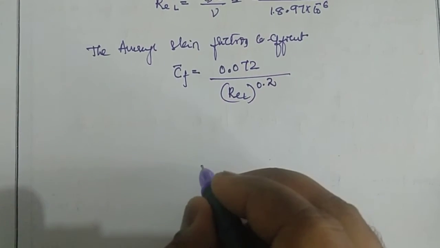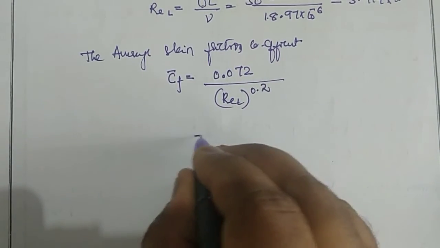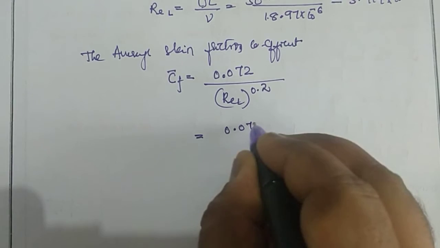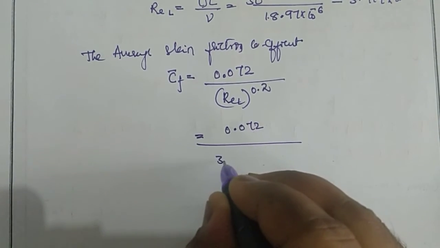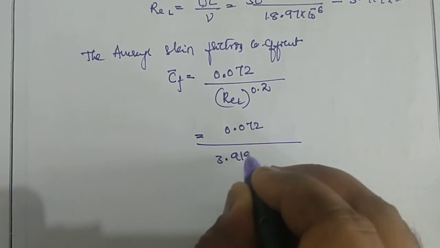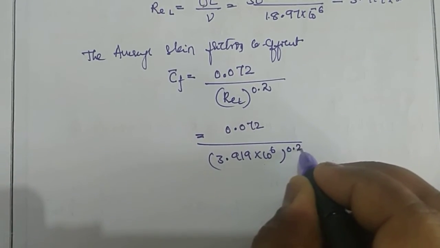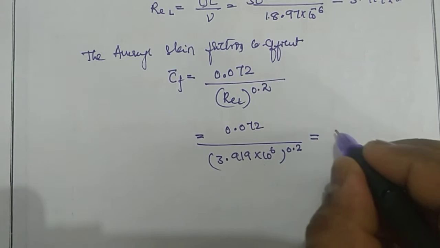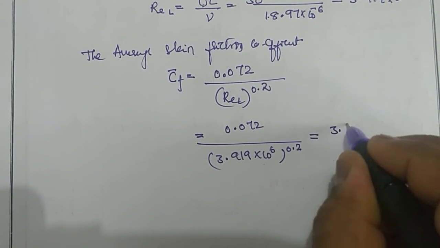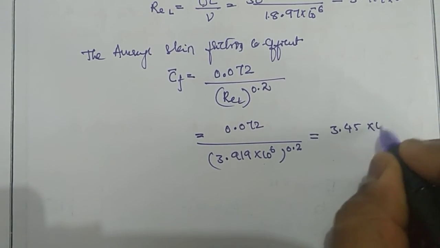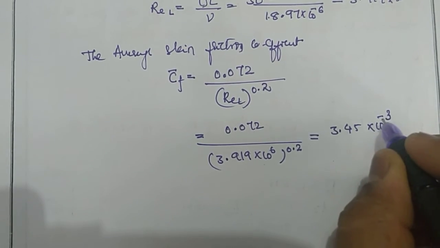Further, we can write 0.072 divided by 3.919 into 10 to the power of 6 whole to the power of 0.2. If you calculate it, you will get 3.45 into 10 to the power of minus 3.